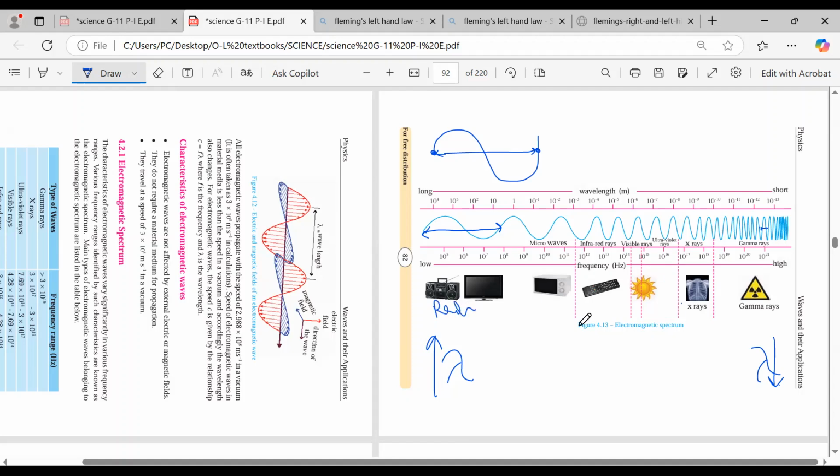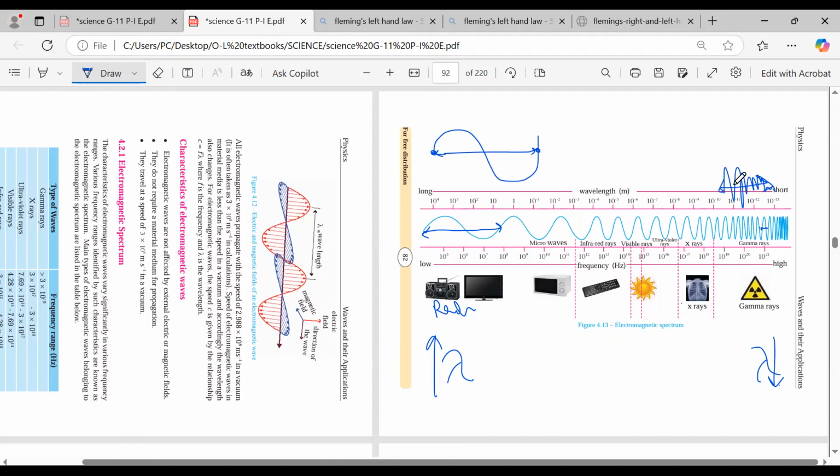But when we talk about the frequency, it is the opposite. What is frequency? Frequency is vibration per unit time. So if it is going to go like this, it's going to be faster.